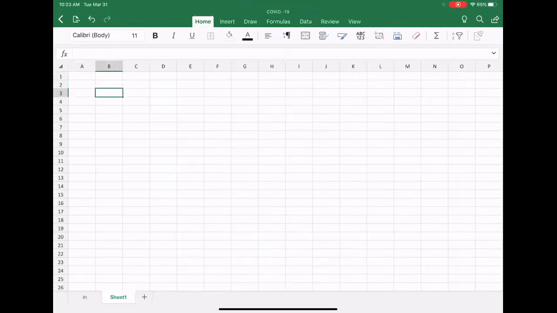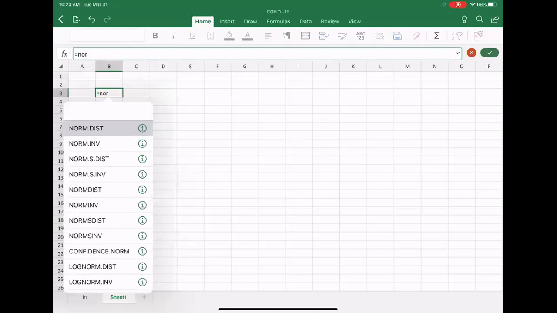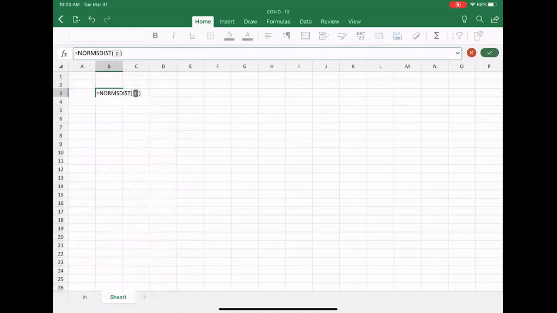So here is the little tip, if you want to use Excel instead of the tables. If you type in an equal sign and NORM.S.DIST, notice Excel asks for the z-score, right?